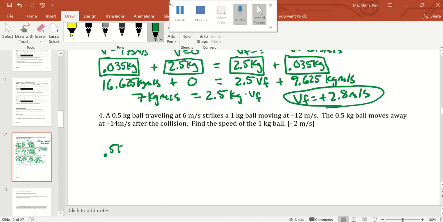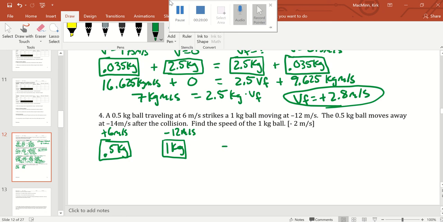We have a 0.5 kilogram ball in the beginning, and we have a 1 kilogram ball in the beginning. And the 0.5 kilogram ball is traveling at plus 6 meters per second. The 1 kilogram ball is traveling at negative 12 meters per second.